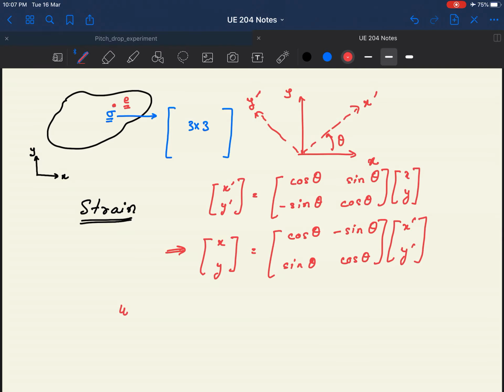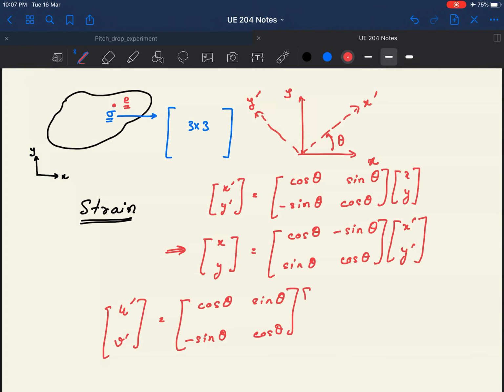So v dash is equal to cosine theta sin theta, minus sin theta cosine theta. So u and v are my displacements in the xy coordinate system, and u dash v dash are my displacements in the x dash y dash coordinate system.